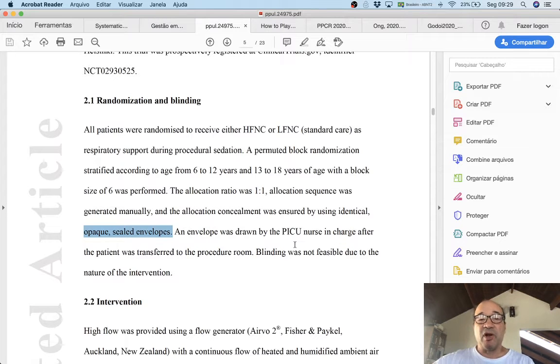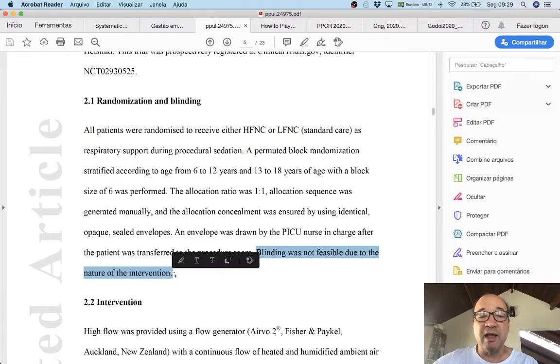An envelope was drawn by the pediatric intensive care unit nurse in charge after the patient was transferred to the procedure room. Blinding was not feasible due to the nature of the intervention. As the two devices are so different, there was no way to blind.